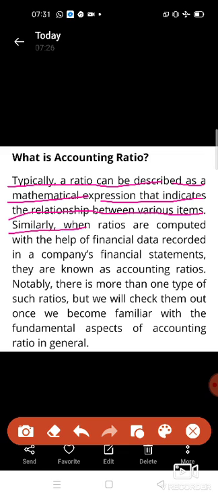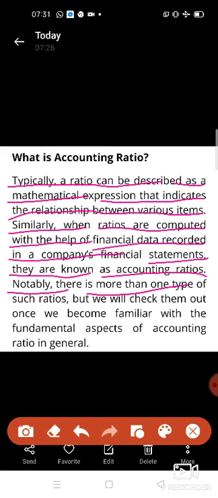Similarly, when ratios are computed with the help of financial data recorded in a company's financial statement, they are known as accounting ratios. Notably, there is more than one type of such ratios, but we will check them out once we become familiar with the fundamental aspects of accounting ratio in general.